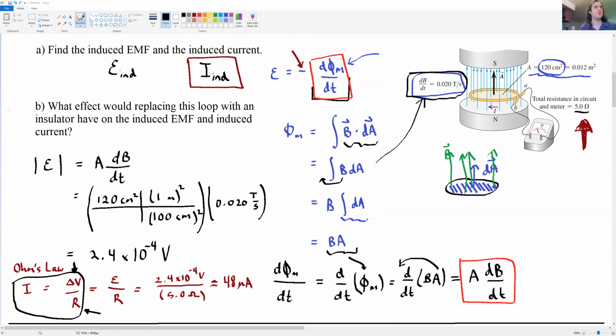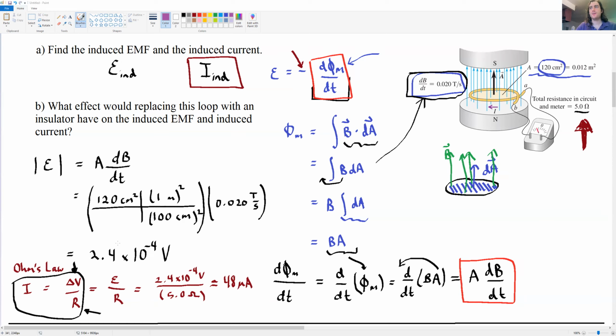So why doesn't the induced voltage change? Resistance increases, causing the current to go to zero. Yes, but I'm asking about the induced voltage now.